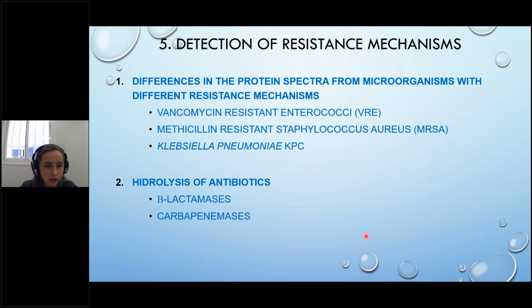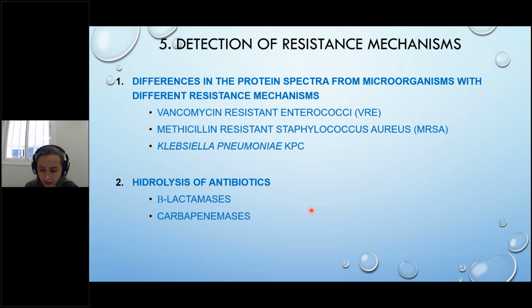A couple of things about the detection of resistance mechanisms, because Dr. Oviano will be talking about it in depth right after me. There are two approaches for this method. Different protein spectra from organisms with and without resistance mechanisms can be compared, for a quick detection or discrimination of those populations. And hydrolysis is also applied in the case of microorganisms hosting beta-lactamases and carbapenemases.